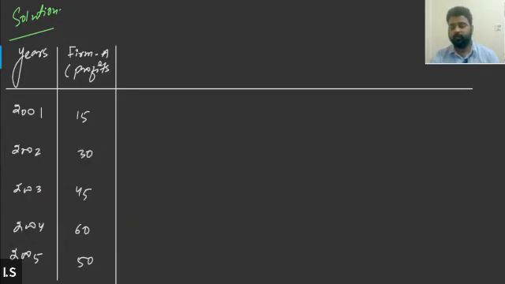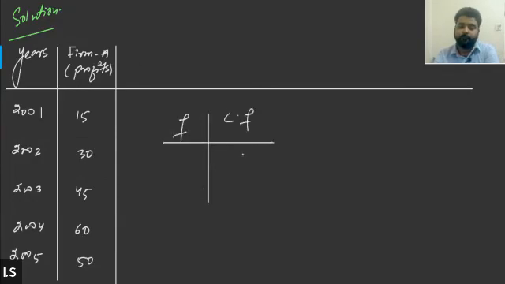But now pay attention. What we need to do is find out the cumulative profit of firm A. Just like we used to write down the frequency and then calculate the cumulative frequency. Do you know how to do that? From frequency we used to calculate cumulative frequency. You already know how to find the cumulative frequency.